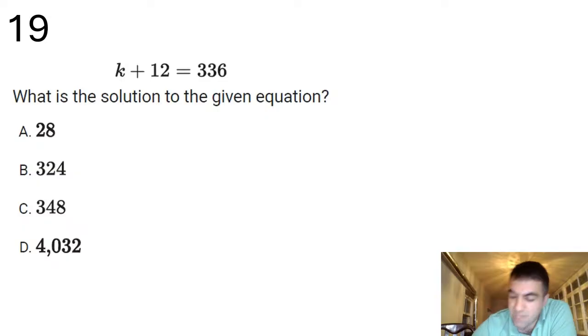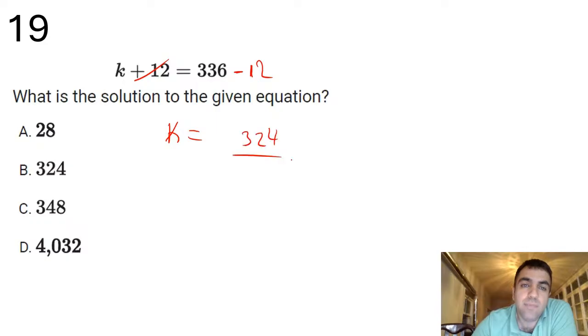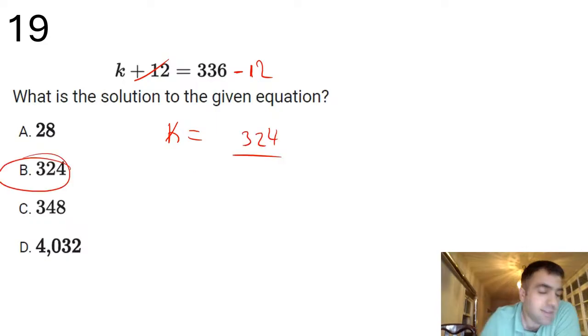Okay, let's solve this equation. If it is plus on the left side, it should be minus on the right side. K is equal to 423. The correct answer was B.